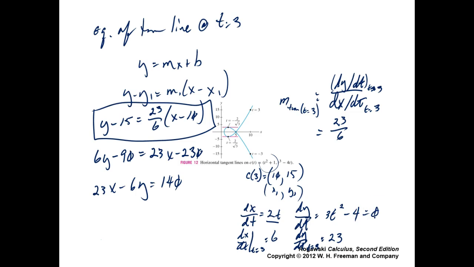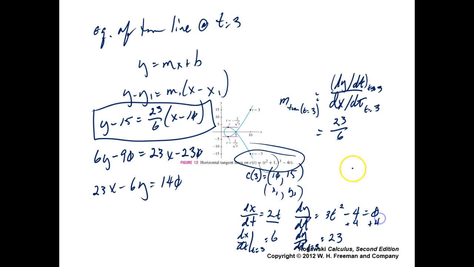And what do you get for t? Because it says find the points where the tangent is horizontal. That would be where dy/dt is equal to 0. Let's find out what values of t that would be, and then plug those values into the curve. Okay? So where is that equal to 0? What would you do?